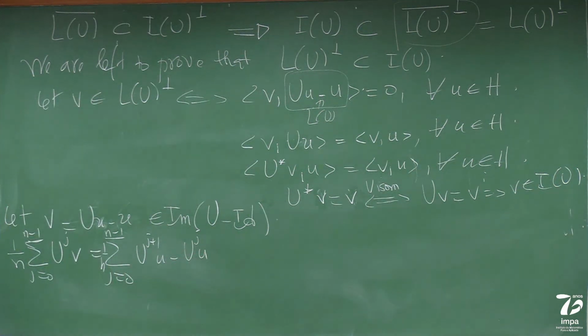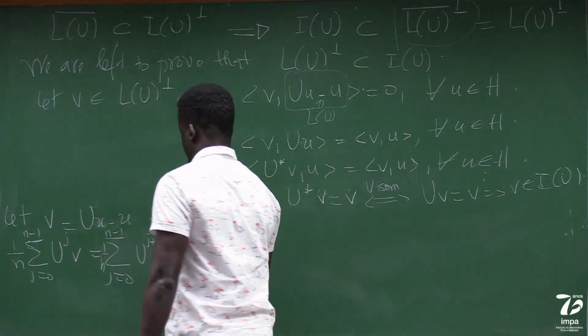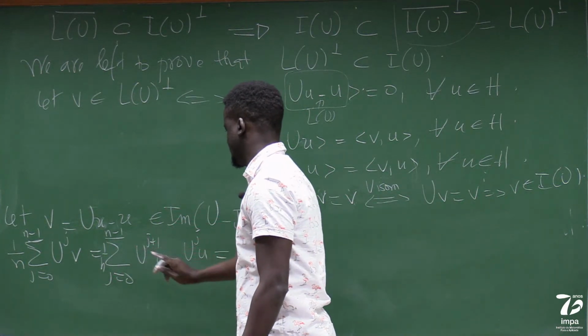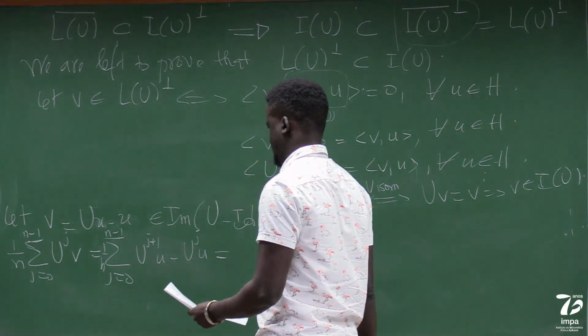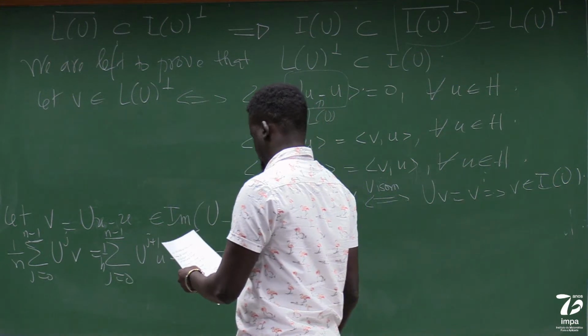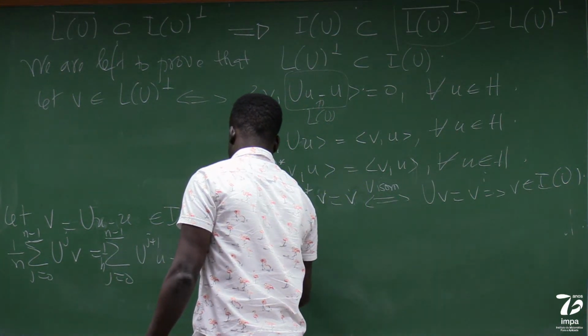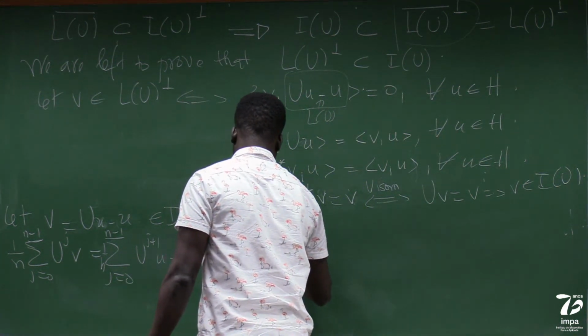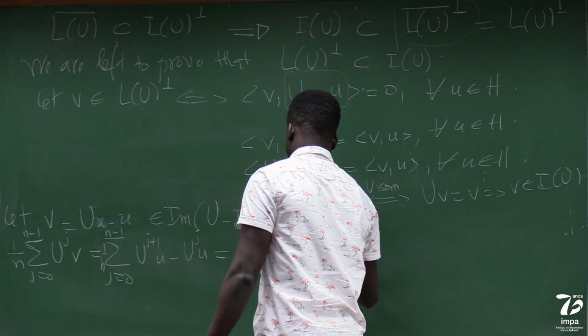If you write this, you will see cancellations, so this term will cancel the one that is coming at n plus 1. So what you would have is the difference between the first term and the last term.